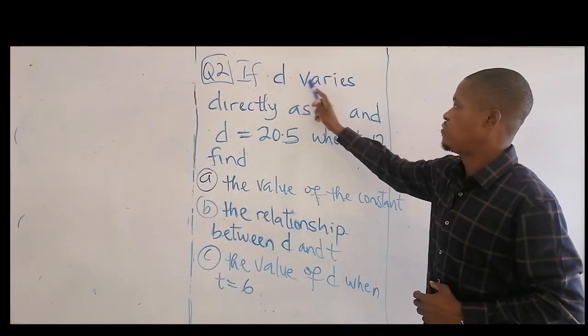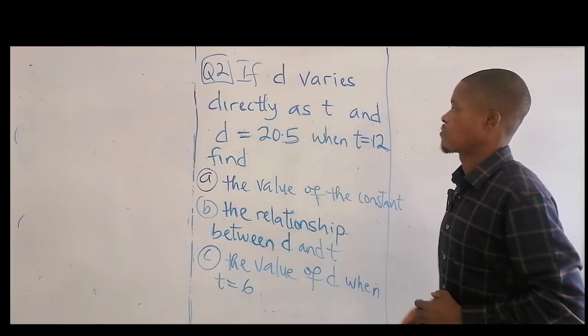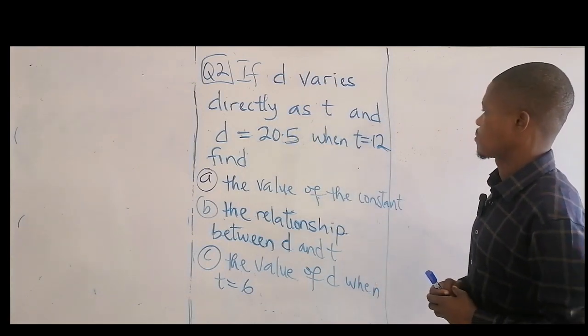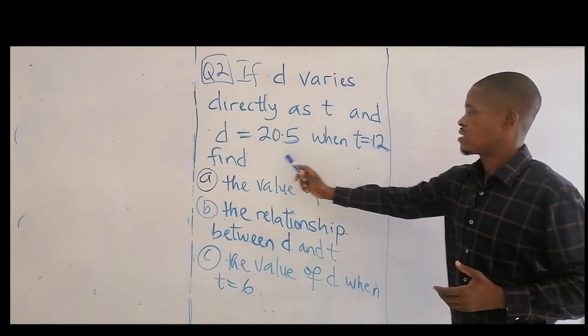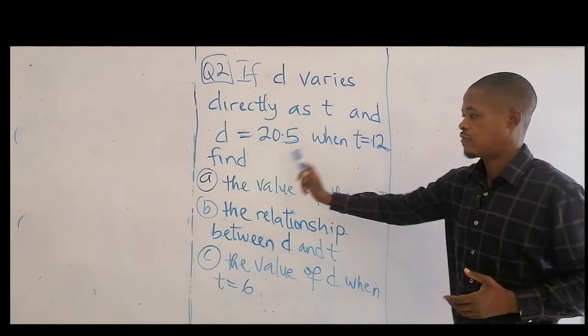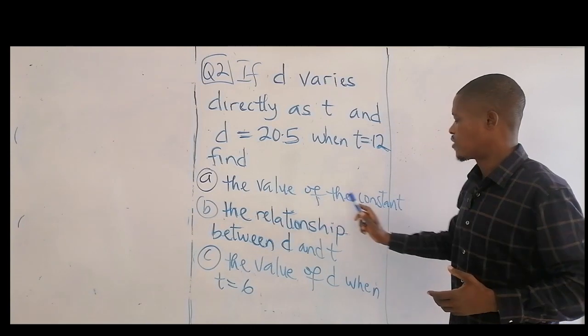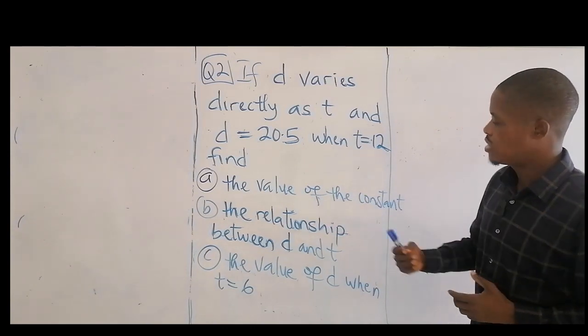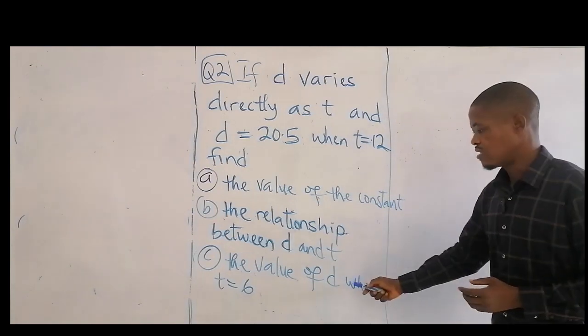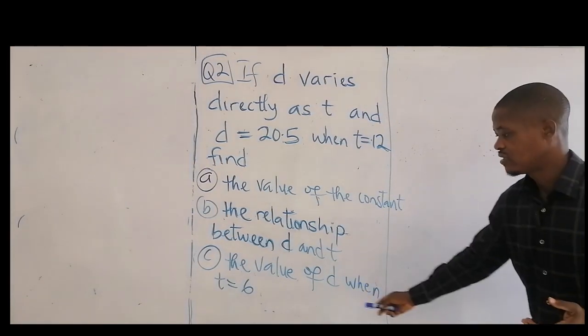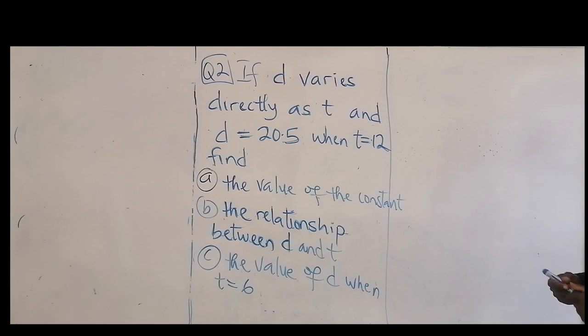If d varies directly as t, and d is 20.5 when t is 12, find a, the value of the constant, b, the relationship between d and t, and lastly, find the value of d when t is 6. Without wasting time, let's go straight to the solution.